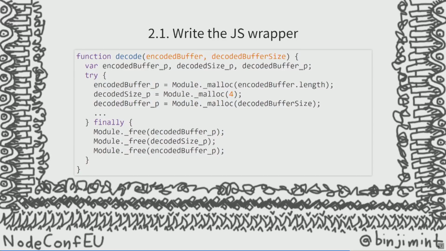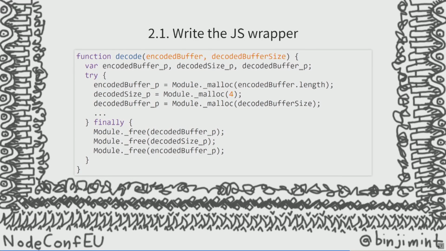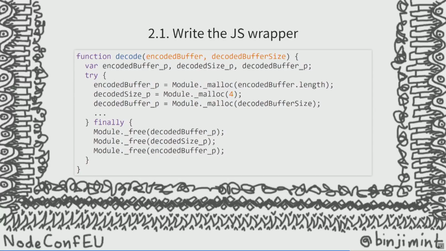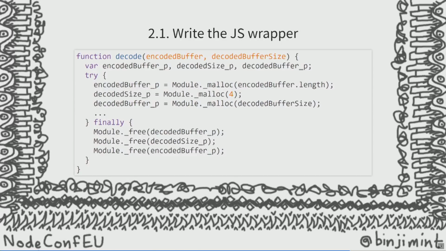So what you can see there is I'm actually doing malloc, and this is the real C malloc. If you write C or C++, well, you shouldn't be using malloc in C++, but this is the actual malloc, and this is the actual free. So I'm just allocating the buffers that I need, and then wrapping in a try finally and cleaning it up if anything goes wrong.